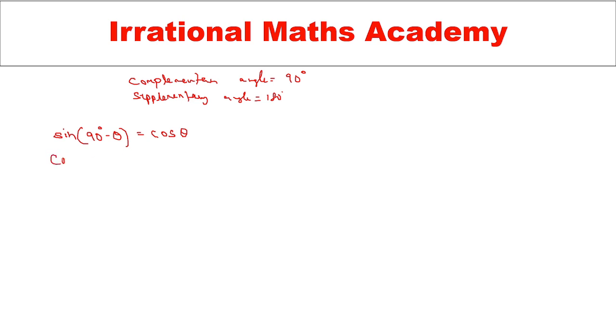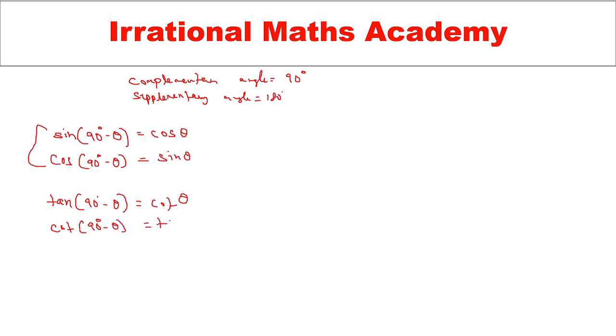Cos 90 minus theta will get sin theta. Is it clear? Remember this pair. Similarly, tan 90 minus theta is cot theta. Cot 90 minus theta is tan theta.